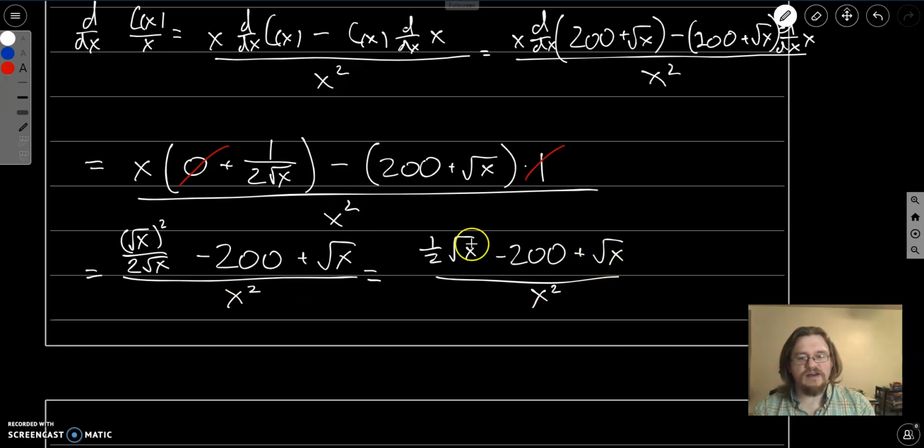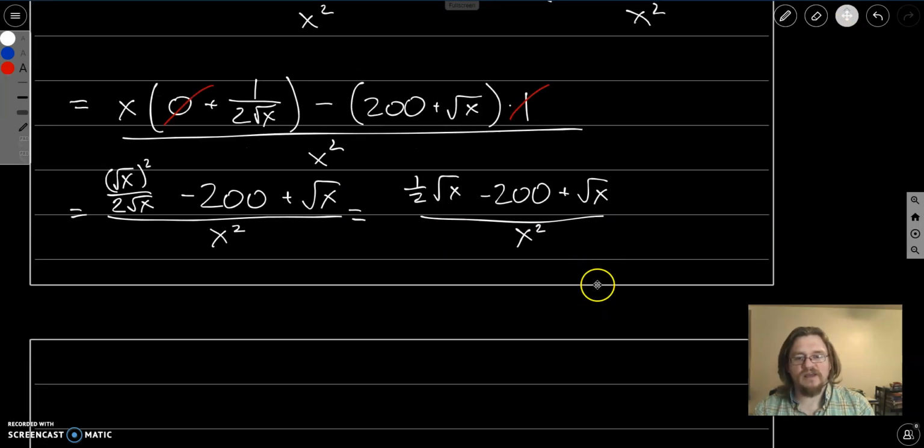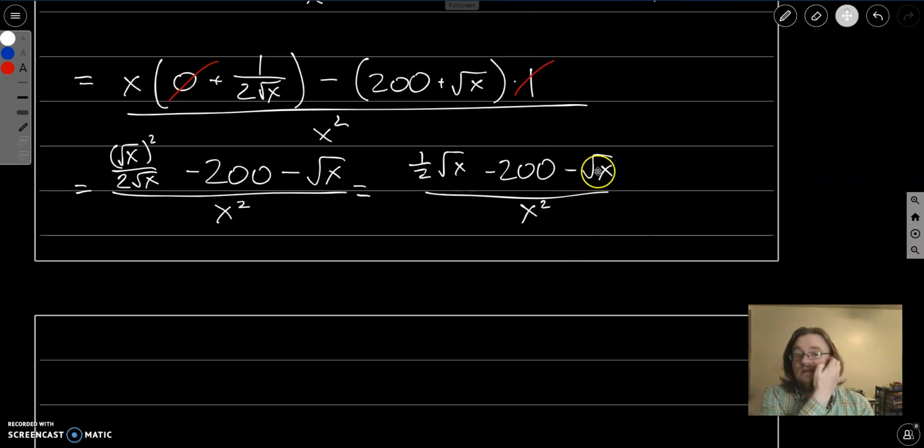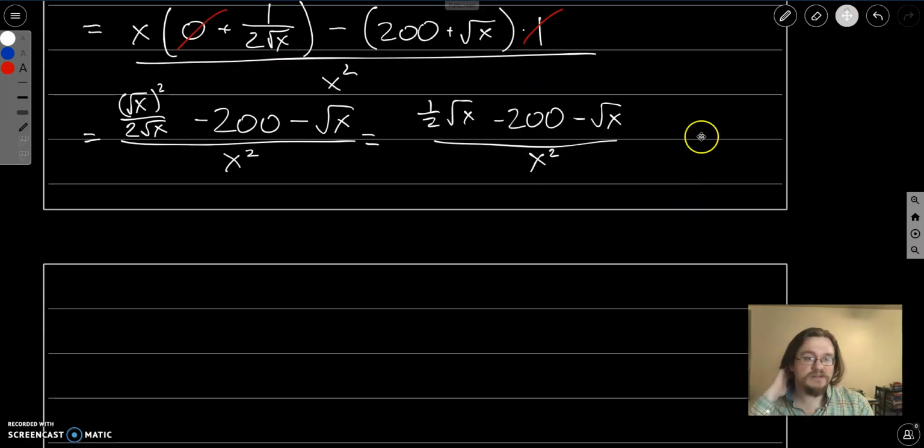And then the square root of x and 1. I made a mistake here. I have a negative sign, so I need to be subtracting. So here I've got a minus sign.